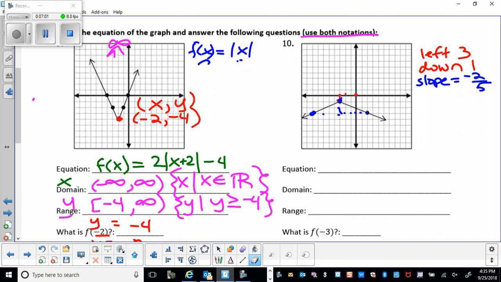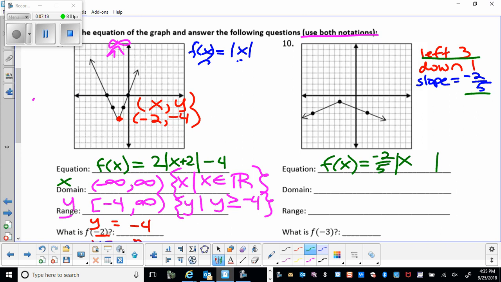So that tells me what's going to go in front of my equation, right? So I'm going to have f of x equals, and my slope is negative 2/5. So it would be negative 2/5. Then I have my absolute value. Did I go to the left or right? Yes, I did. So I'm going to put x, and then I went left 3, so I'm going to put plus 3.